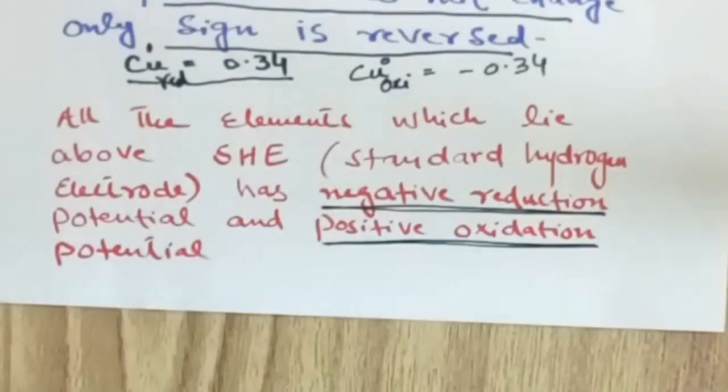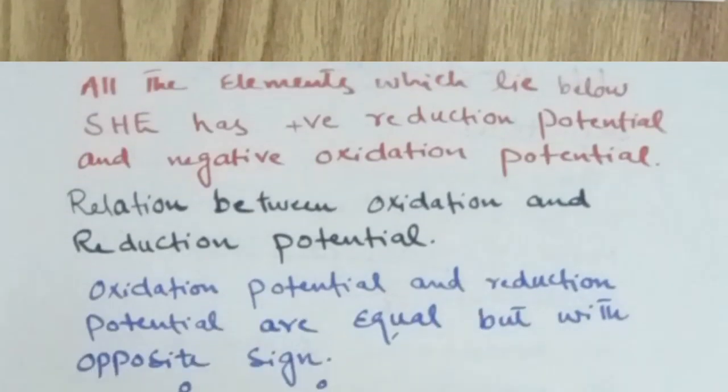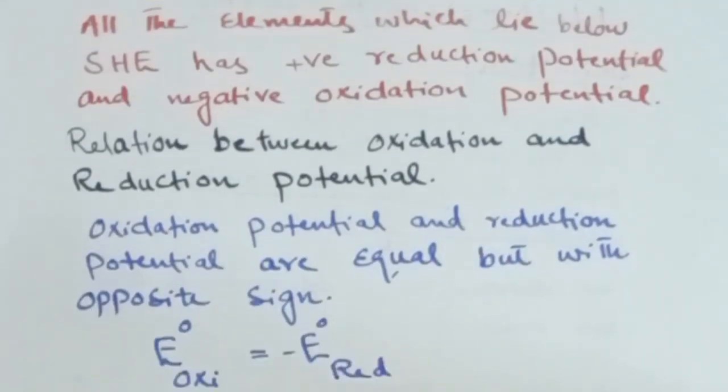All the elements which lie above the standard hydrogen electrode have negative reduction potential and positive oxidation potential, since hydrogen is taken at the center. All those elements which lie below the standard hydrogen electrode have positive reduction potential values and negative oxidation potential values.